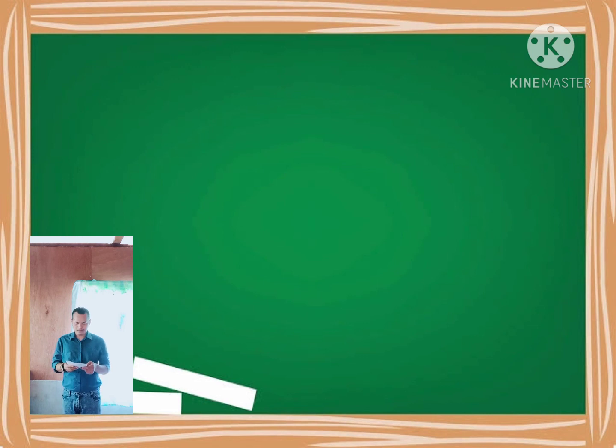The prefix re means A, away, B, again, C, aging. Yes, Miss Barangot, what's the answer? Very good. Letter B, again. So, pass your paper. I will record it in my class record.